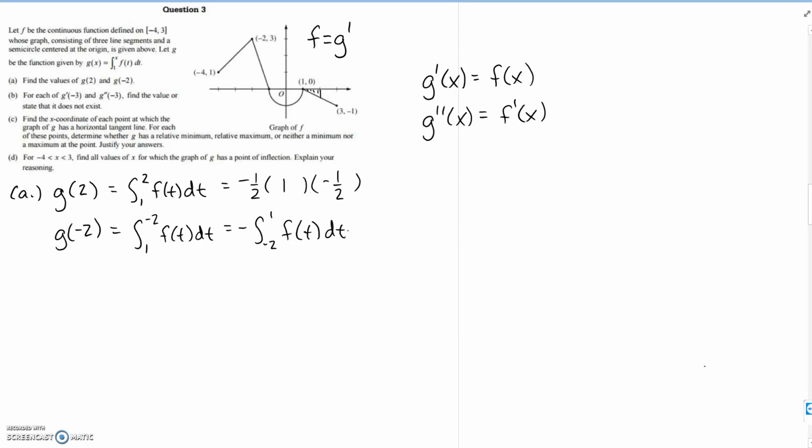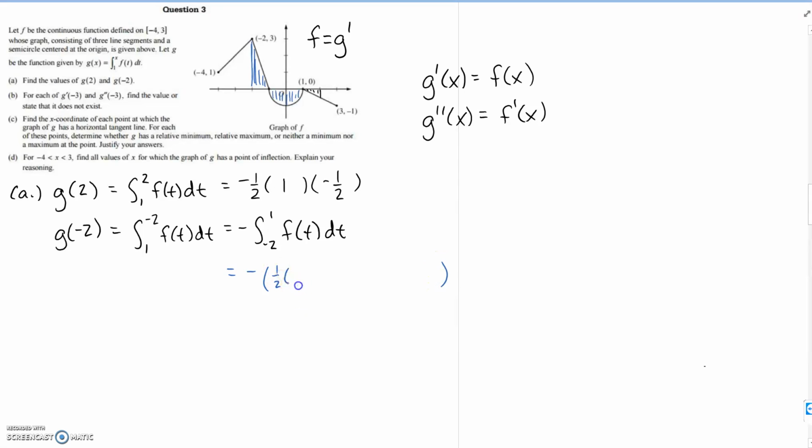And then finding the area from -2 to 1 is going to be this triangle above the x-axis and then this semicircle. So the negative of the sum of those signed areas.